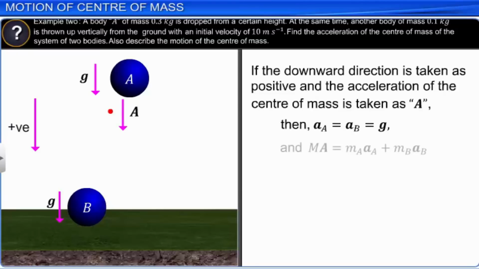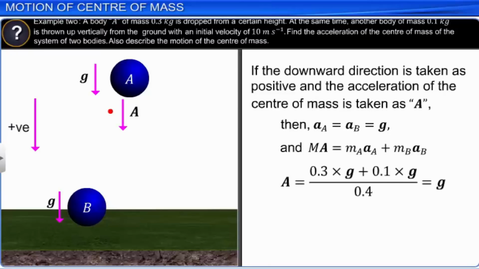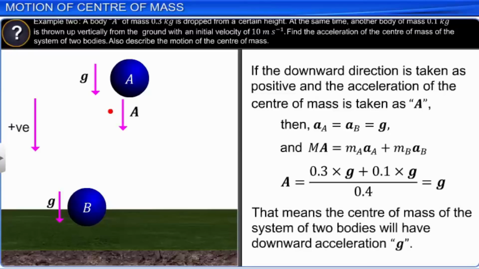And m into A is equal to ma AA plus mb AB. Therefore, A is equal to (0.3 into g plus 0.1 into g) divided by 0.4, which is equal to g. That means the center of mass of the system of two bodies will have downward acceleration g.